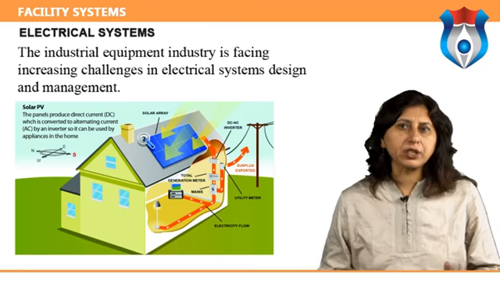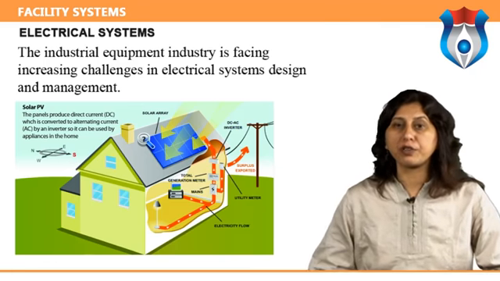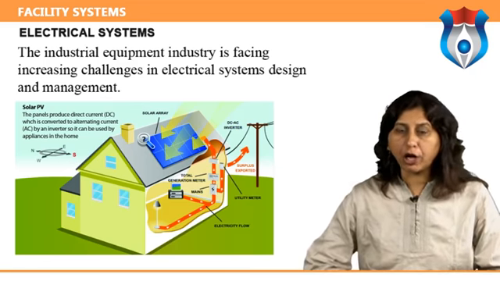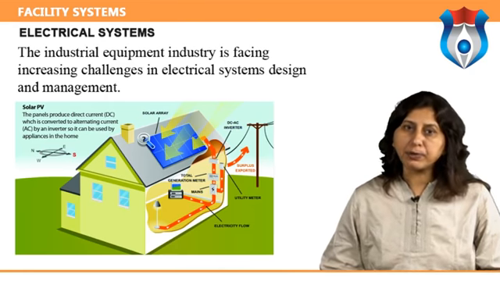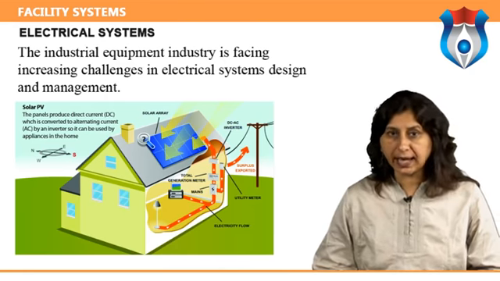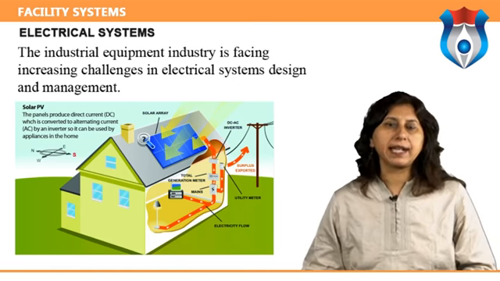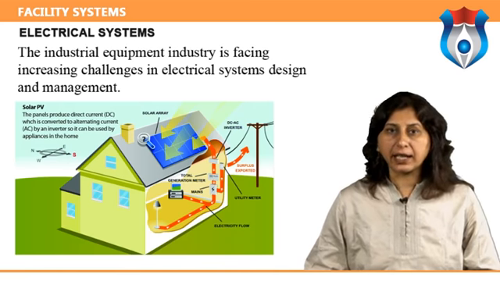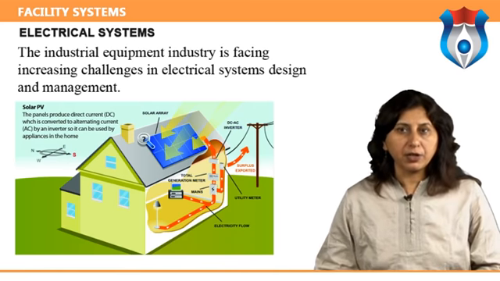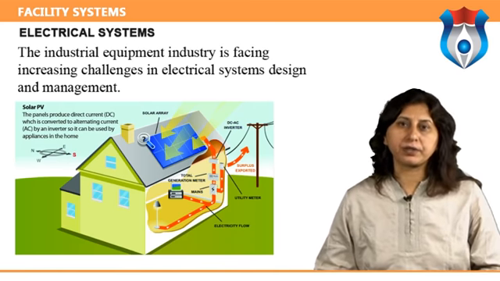Today, the rising complexity and importance of electronic features incorporated in industrial equipment products, and the high price of electrical equipment and cabling, have made electrical system design one of the key activities in product development rather than an afterthought.